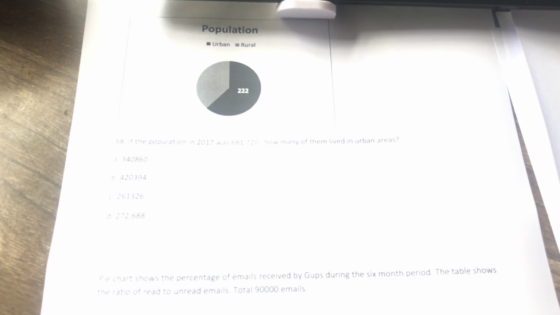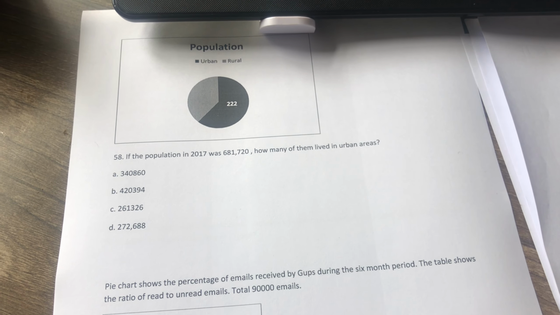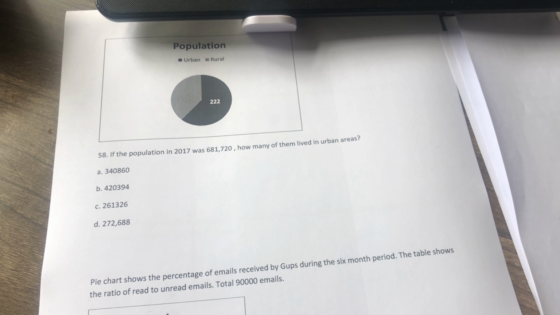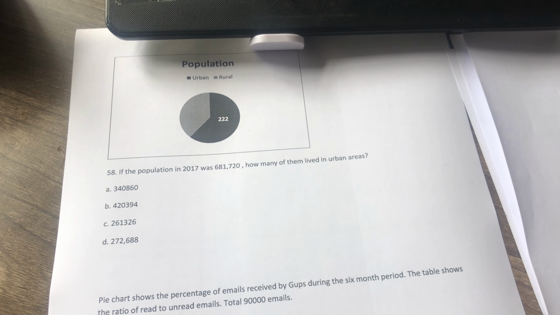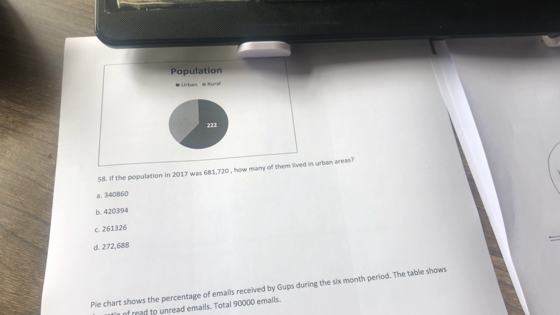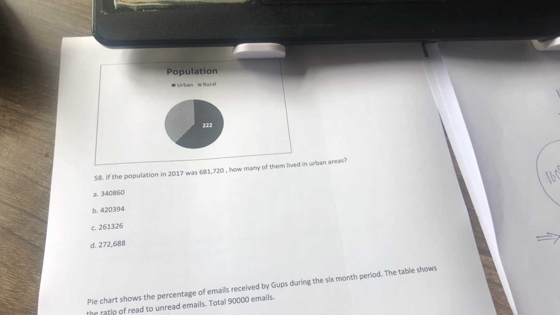Now we will look into the previous question, the 2021 question. If the population in 2017 was 681,720, how many of them lived in urban areas?